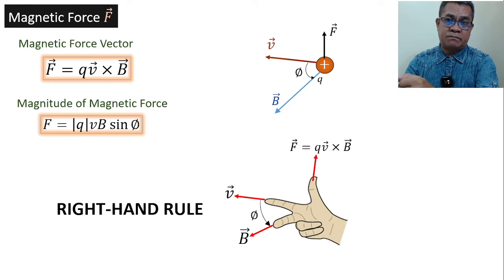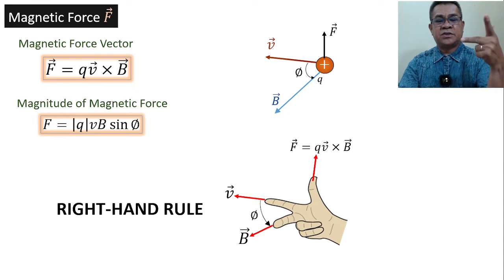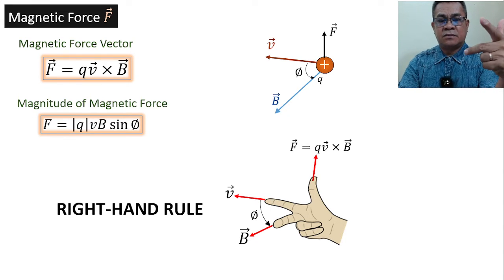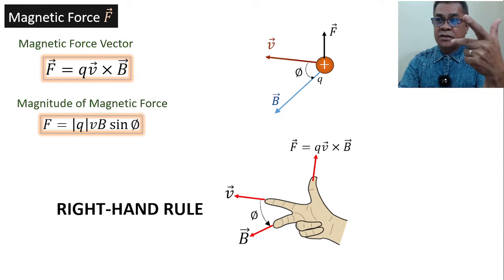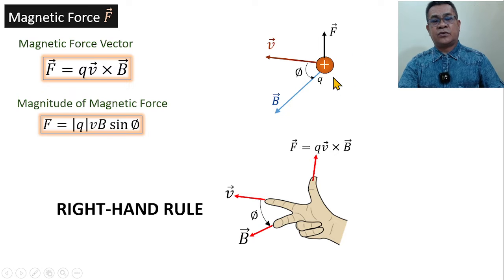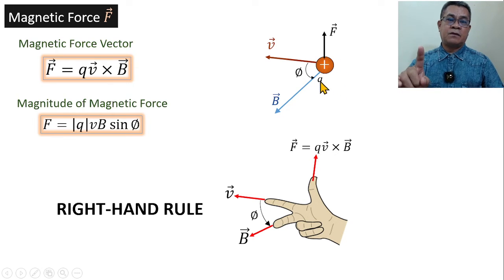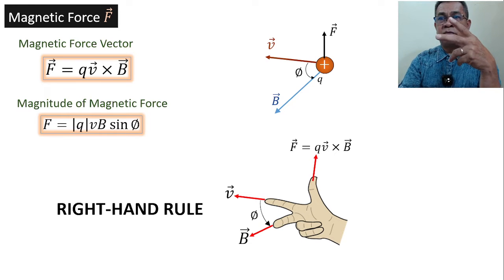Although this is not part of the calculation, we can provide the direction of that force using only our right hand rule. Okay, the right hand rule is true to a positive charge. If it is positive, then the result of the right hand rule will be followed strictly.